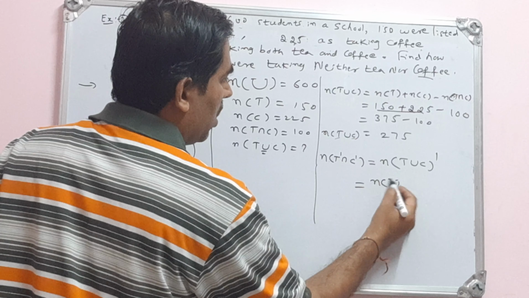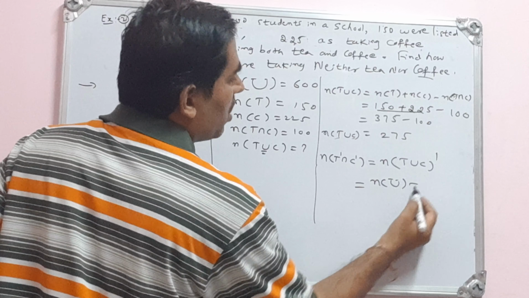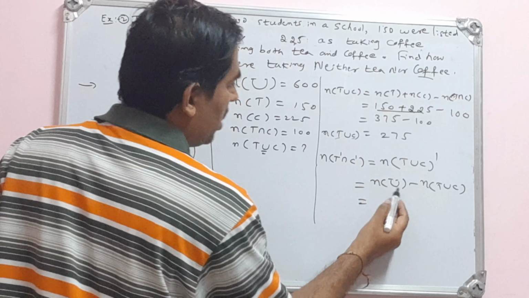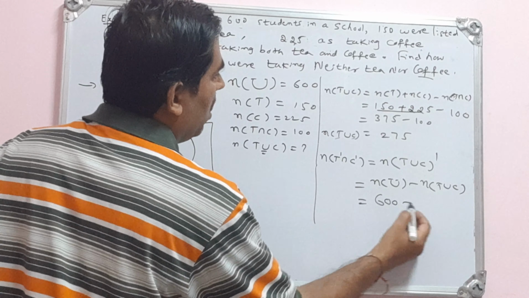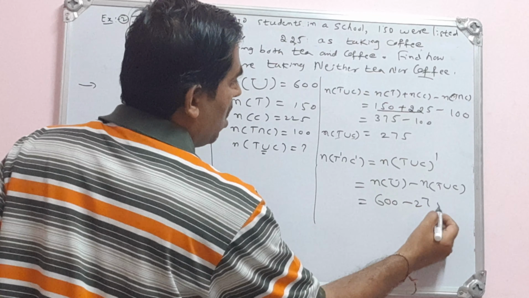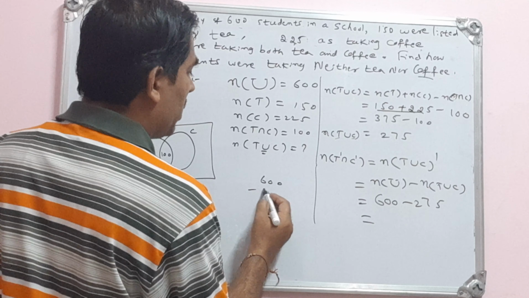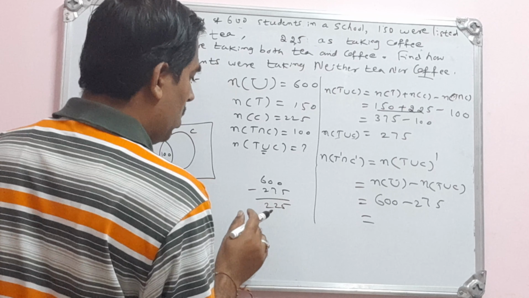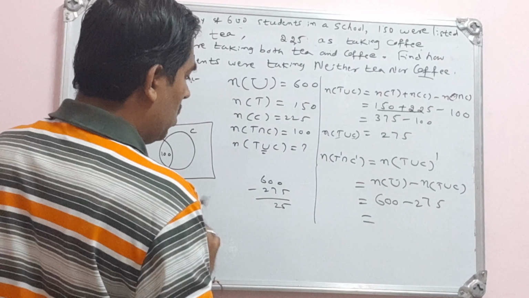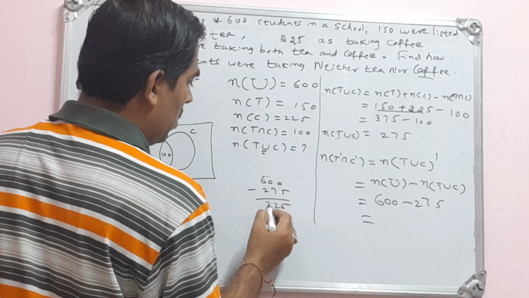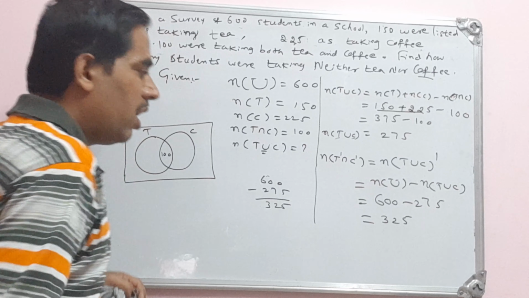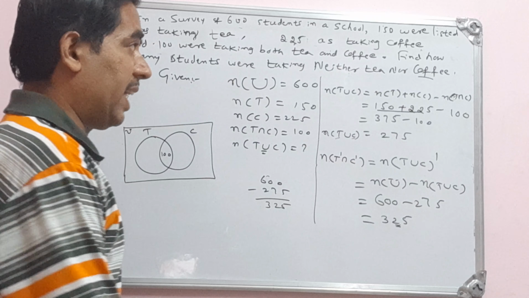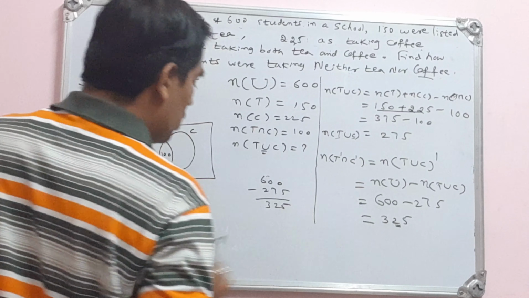That is the number of elements in the universal set minus the set T union C. So n of U is 600 minus 275. So I can subtract 600 minus 275, that is 325. The persons who don't drink tea or coffee, the number of students, is 325.